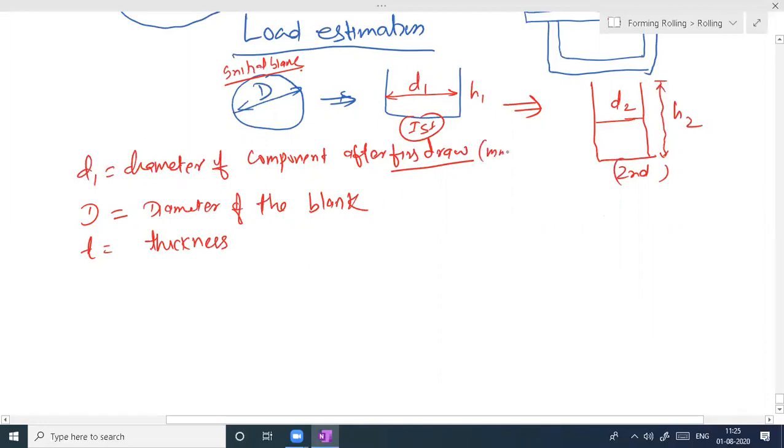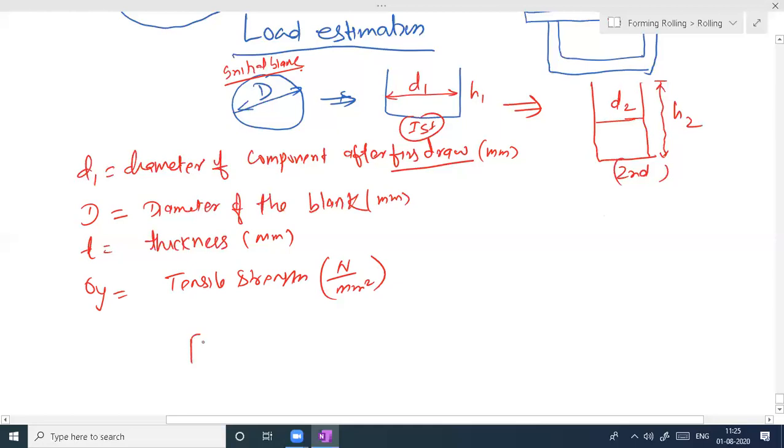This is in a millimeter. This is also in a millimeter or centimeter, whatever you want to write, right? All units must match. Then load, sigma y is tensile strength. This will be Newton per millimeter square.